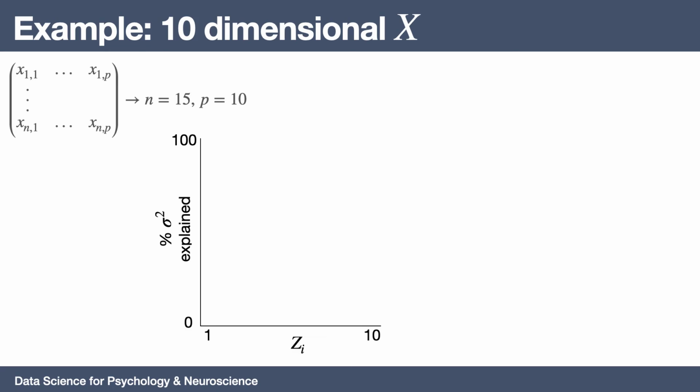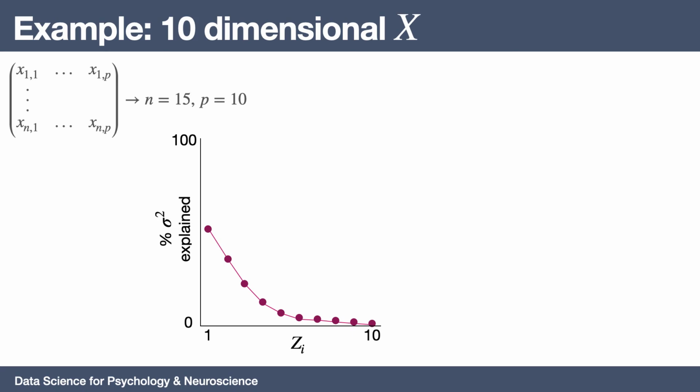Now remember, they're all linearly independent, and they start with the component that explains the most variance in your data. So the first principal component will always explain the most. The next one will explain slightly less, slightly less, slightly less, etc. And it usually falls off in this curved pattern here.